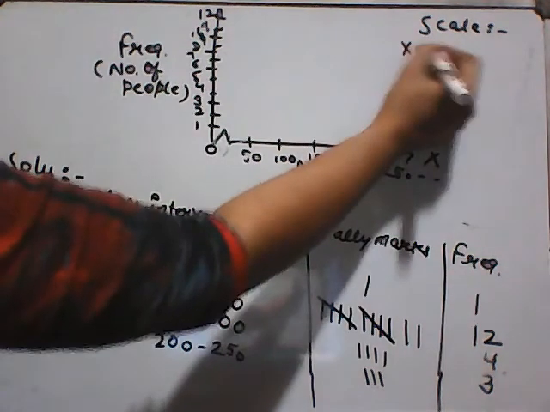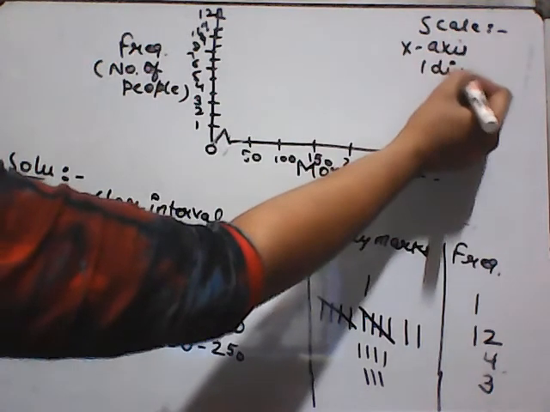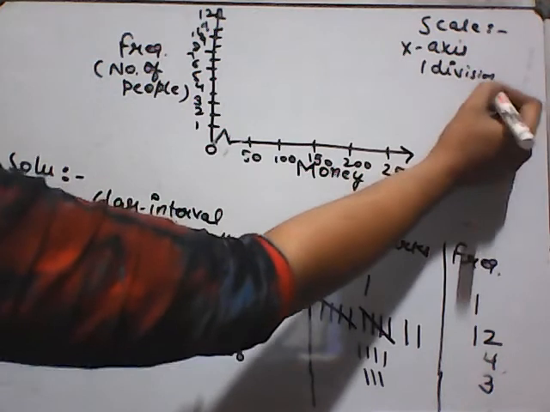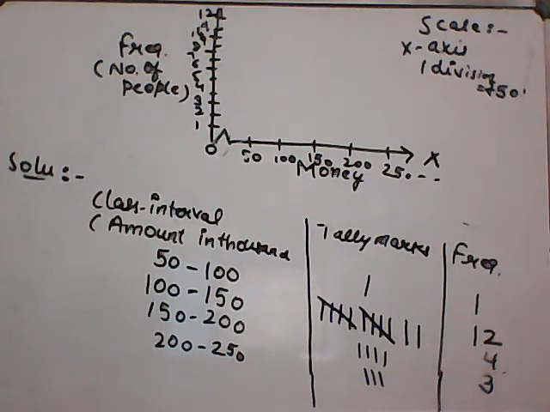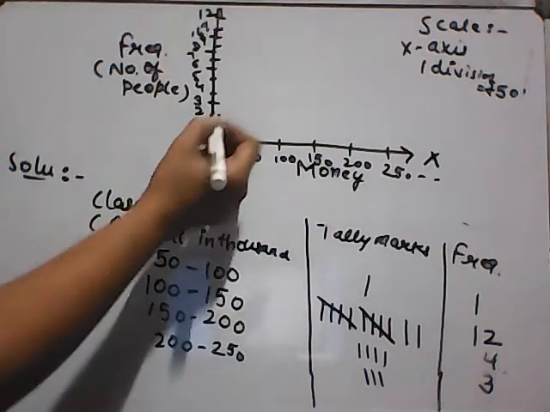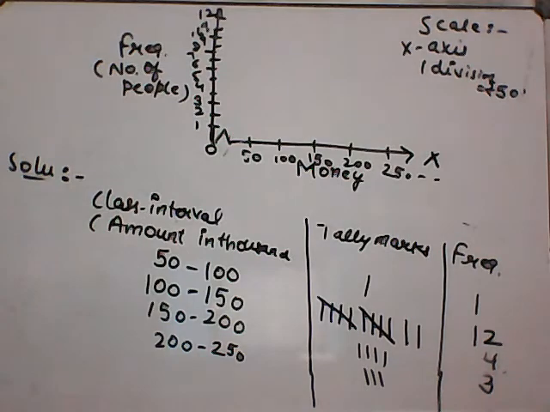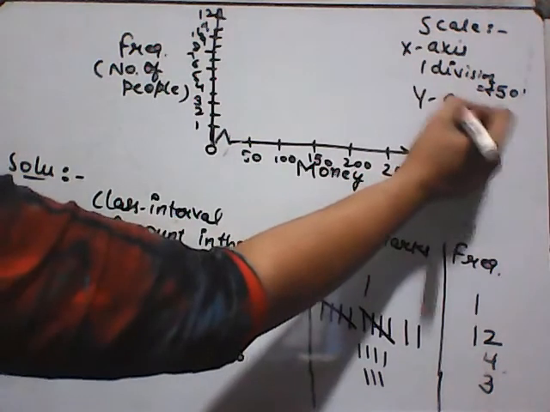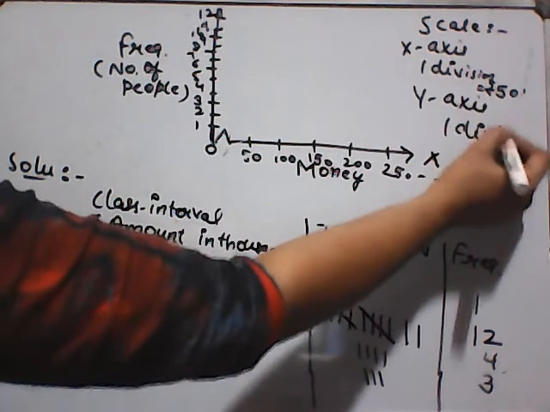On the x-axis, one division is equal to 50 rupees. But on the y-axis, one division is equal to 1 person.